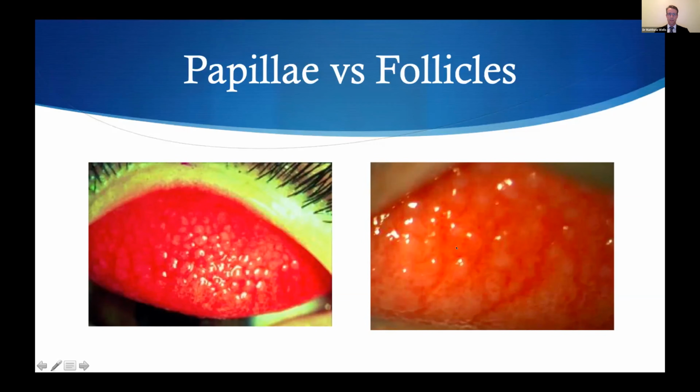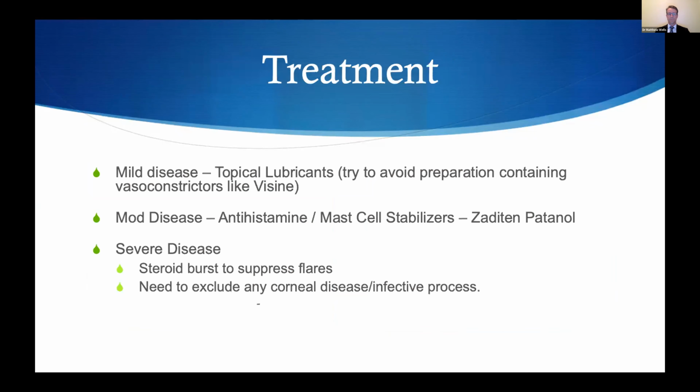That's in contrast to over here on the right-hand side. This is more of a follicular reaction, and the follicles are usually described as a translucent, semi-cooked rice appearance, and these represent a proliferation of lymphoid tissue, and we typically see these more in infective type processes. So that's actually quite helpful when you're trying to diagnose: is this just an exacerbation of this person's allergic disease, or am I worried that I'm missing an infective conjunctivitis that needs some other treatment or investigation?